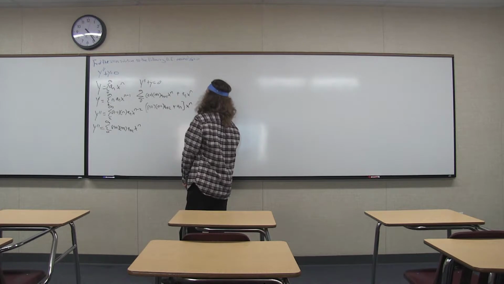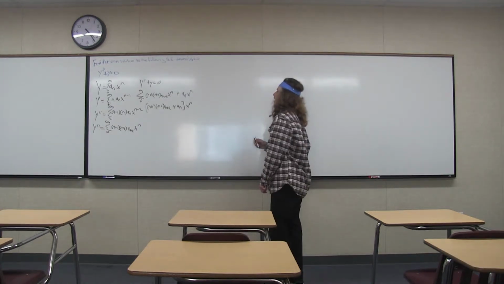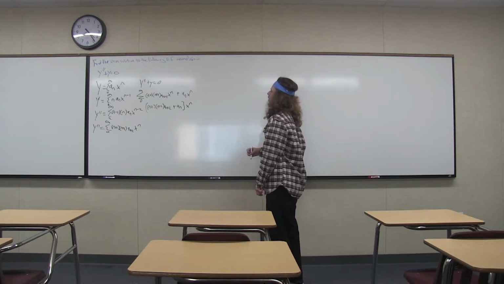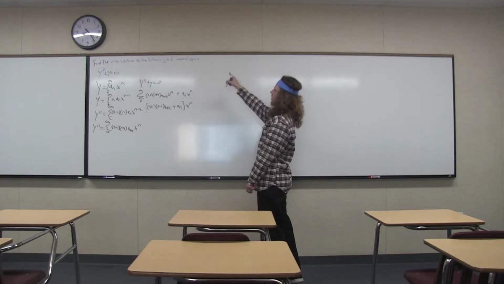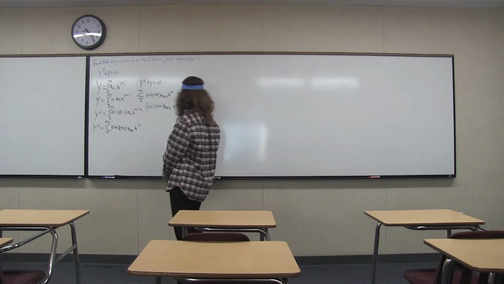Now, x to the n we're going to ignore just for right now, because we're doing this centered around x0 equals 0. So this we're just going to say is 1.